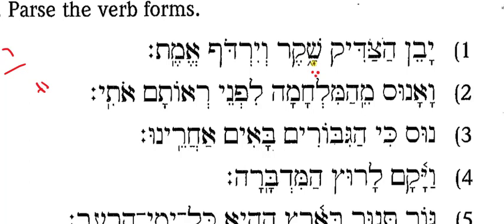Athnak. Think the Aflac commercial. Athnak. Okay, so this is called pausal lengthening. When you have strong disjunctive accents like athnak and siluk, you could get a short vowel lengthening here, and segol is short, kametz is long.